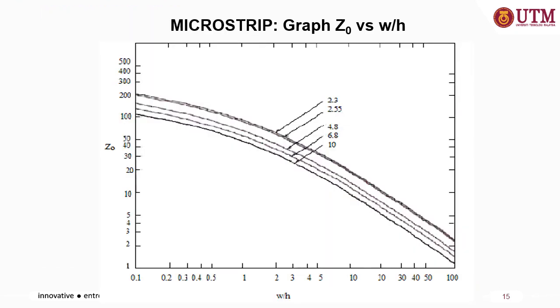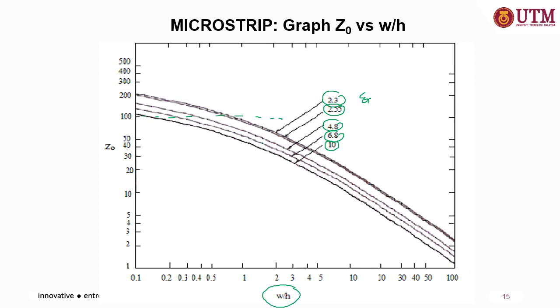Besides equations and calculation, you can also estimate the ratio of the width to the height or thickness of the substrate by using a microstrip graph, which basically shows the relation between Z0 and the ratio of W over H. Once you know the characteristic impedance, for example 100, then you can estimate the ratio of W over H by knowing the relative permittivity of the substrate material.